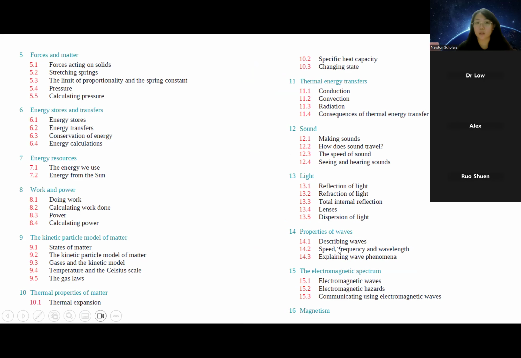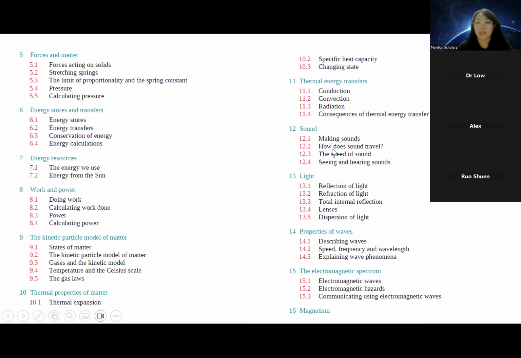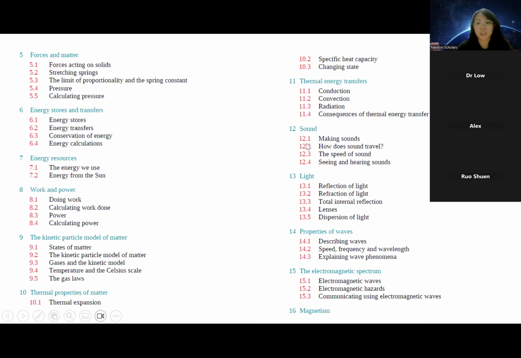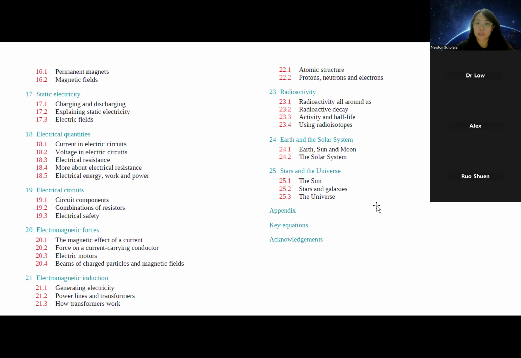All these are the topics that we are going to learn in year 10. Today we will talk about making measurements. It's very simple; we start with a very simple topic. Starting from chapter 16 until chapter 25 is the year 11 syllabus. Roughly this gives you some idea about what we are going to learn.